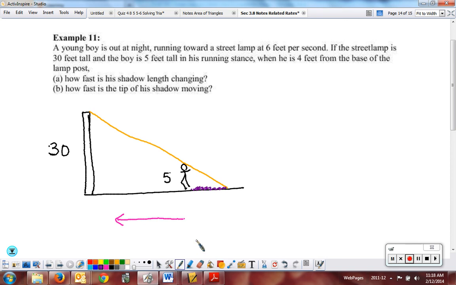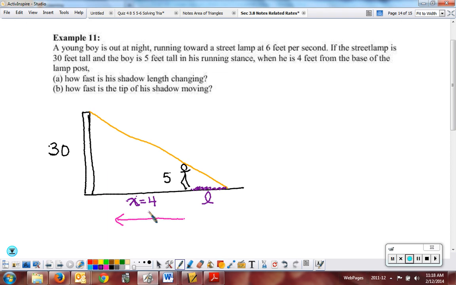We're trying to find how fast his shadow length is changing. So let's call this L. When he is 4 feet from the base of the lamppost, let's call it X. That's a variable, but we know the instant, so I'll add equals 4 to that one.